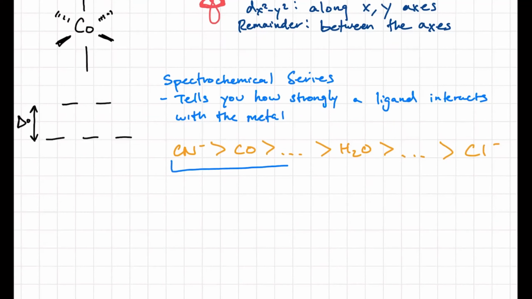Everything above water, I'll use a different color, is considered strong, or a strong field ligand. It's strong because it interacts with the metal a lot and makes the split in energy much bigger.